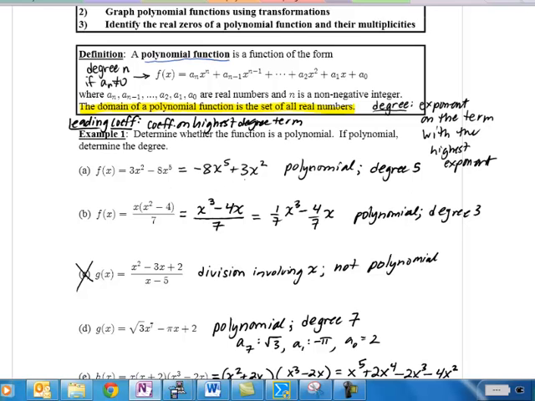So in the first example, the leading coefficient is -8, because that's the coefficient on x to the 5th. In example B, the leading coefficient would be 1/7.